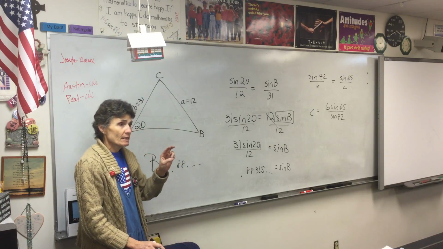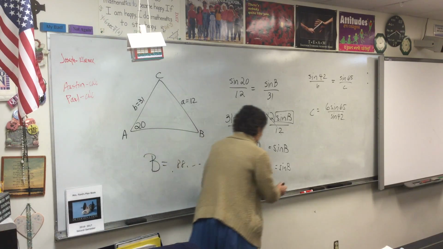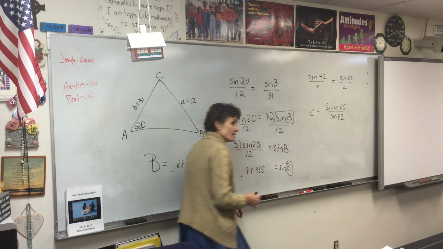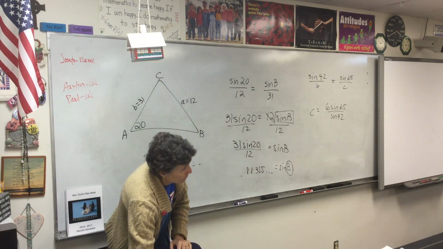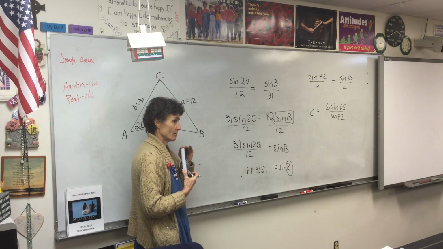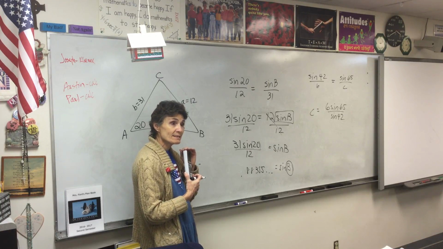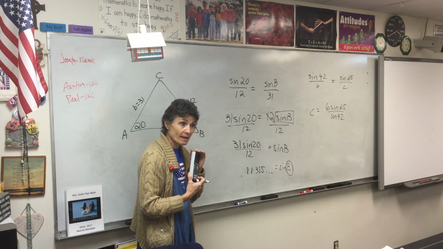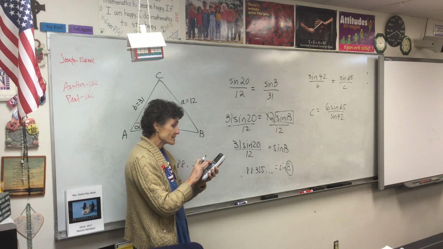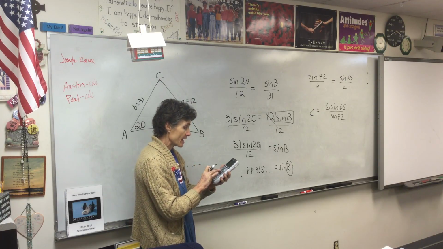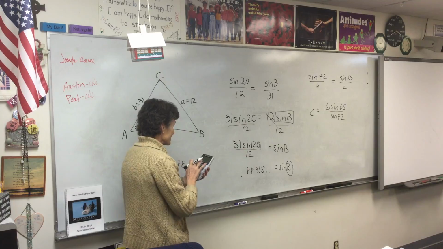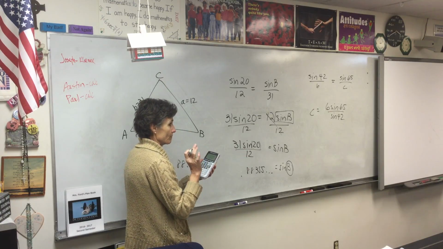Now wait a minute. I am looking for this angle, right? And when I look for an angle on my calculator, I have a special button I use. What button is it? Second sine. So I'm going to second sine, now wait, second answer.